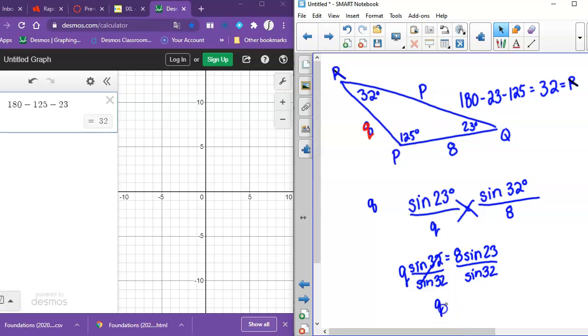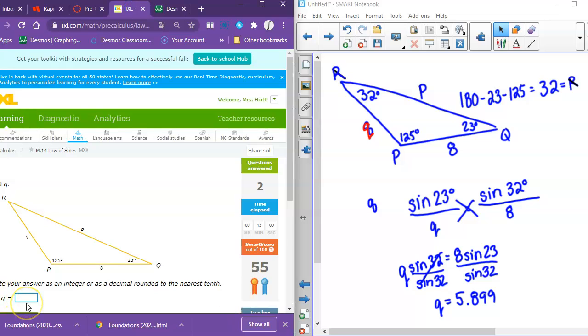And so Q is going to equal, I'm going to type this into Desmos really quickly, 8 sine 23 over sine 32, and we're going to get 5.899. That's going to round to 5.9.